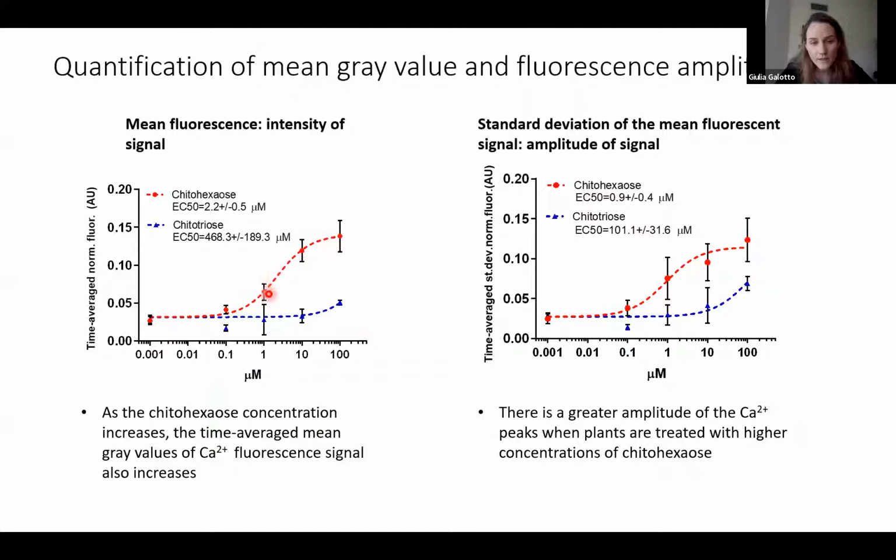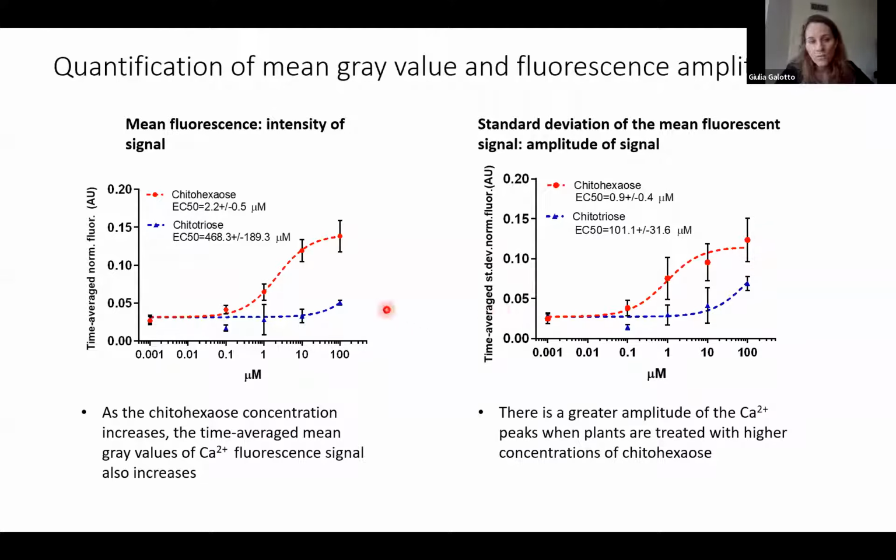In red is the chitohexose treated plant, the one that I just showed you, and in blue, the chitotriose. And as you can see, plants treated with chitohexose have a higher fluorescent intensity the more chitohexose we use. And similarly, there is a higher standard deviation in plants that are treated with a higher concentration of chitohexose.